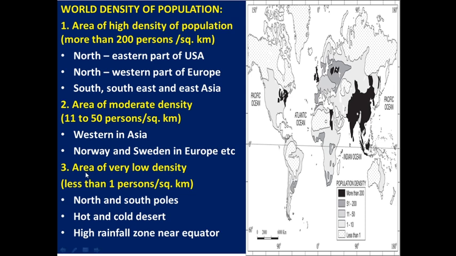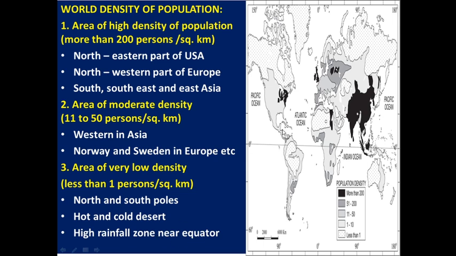An area of very low density of population means less than 1 person per square kilometer. Such areas are the North Pole and South Pole, hot and cold deserts, mostly covered with snow and glaciers.